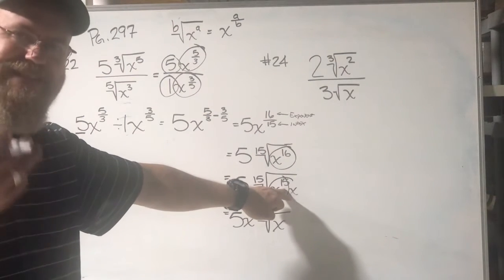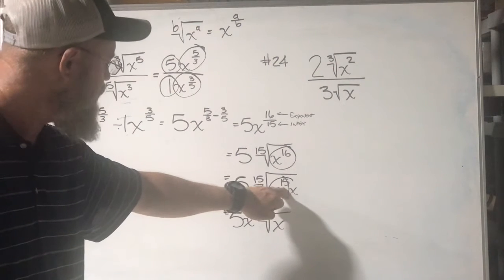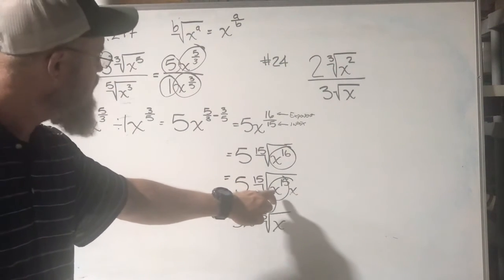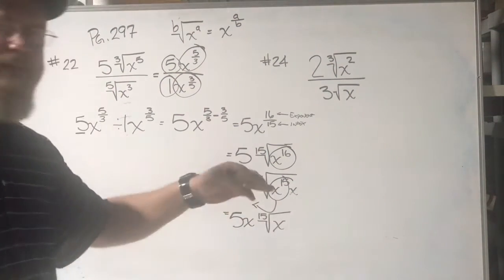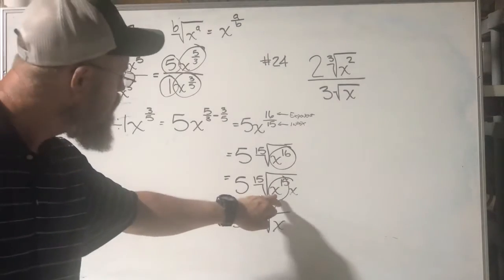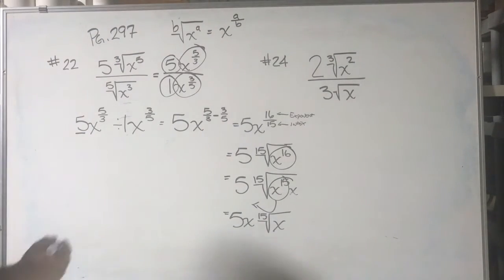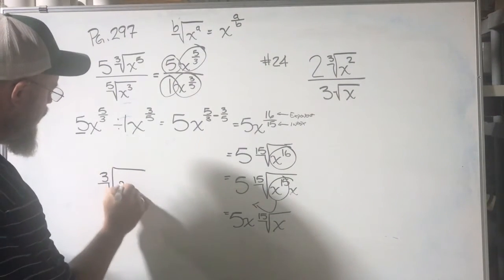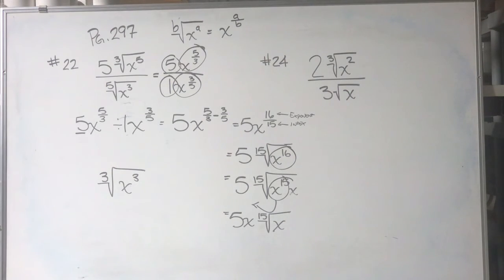What you're trying to do is get a factor that has the same exponent as the index. Because if you have the same exponent as the index, then that equals the variable. For instance, if I have the cubed root of x cubed, well, what does that equal?